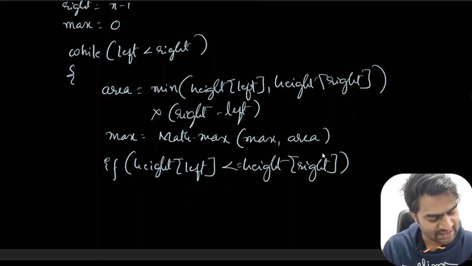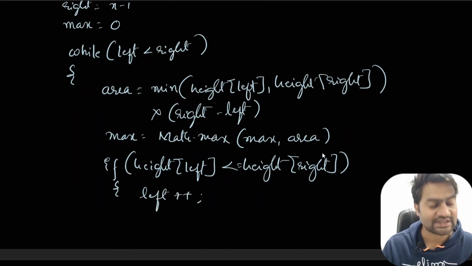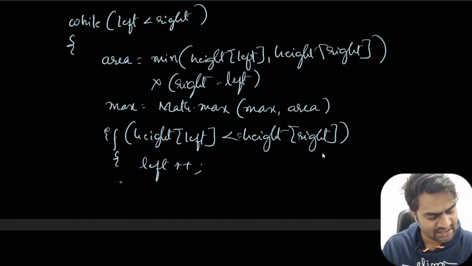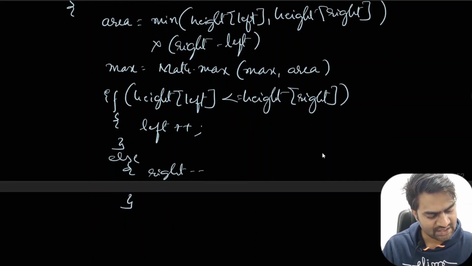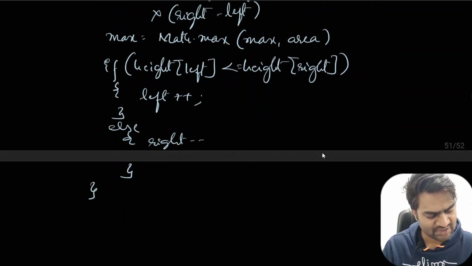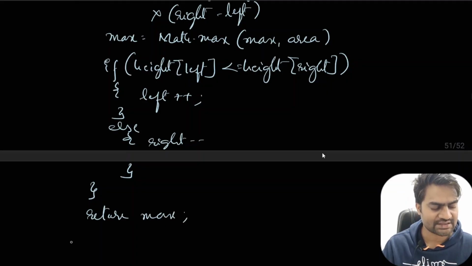So I need to increment my left pointer. So I will say left plus plus. If that is not the case, in the else part, I will simply decrement my right pointer. Okay, so at the end, you can simply return your max.